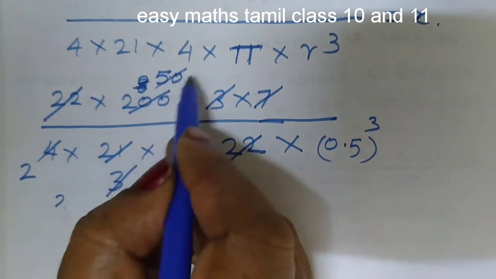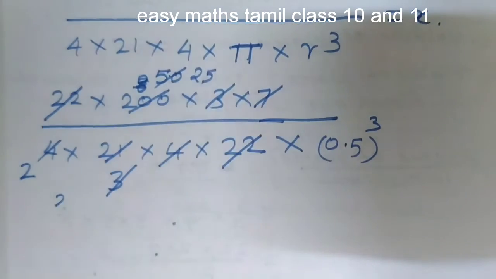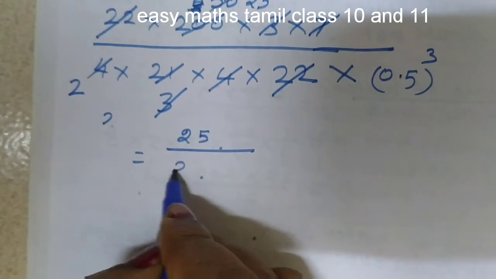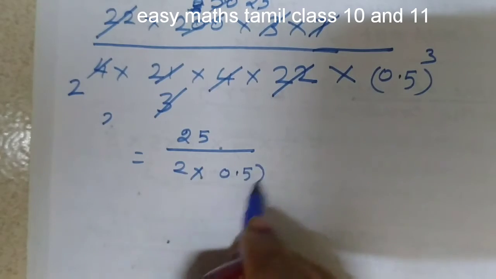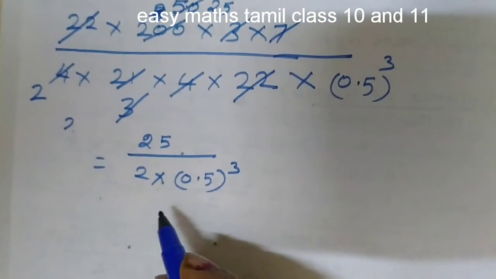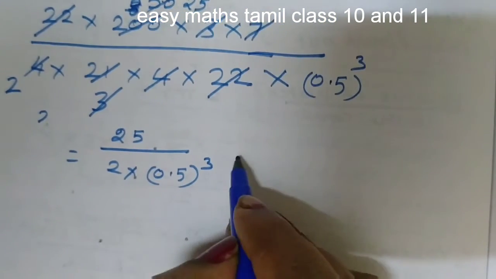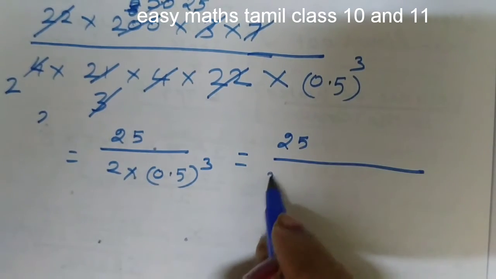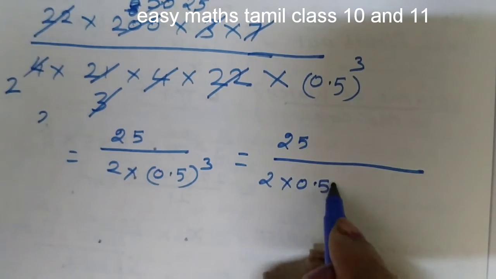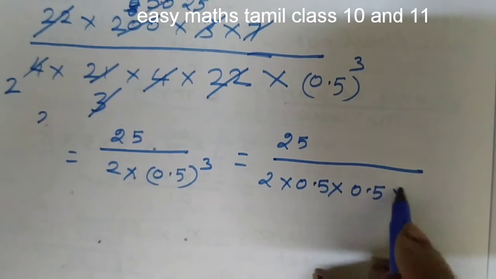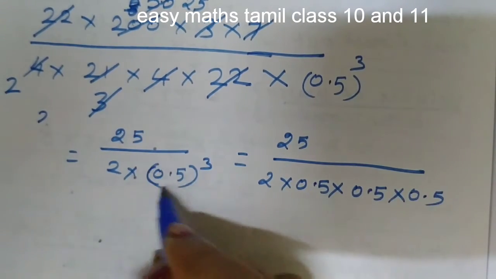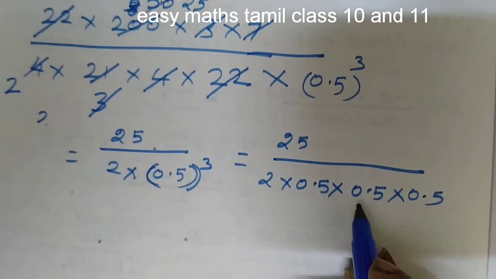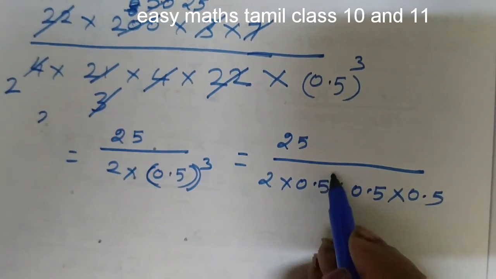So equal to 25 divided by 2 into 0.5 cube, that is, 25 divided by 2 into 0.5 into 0.5 into 0.5. This 0.5 cube can be written as 0.5 into 0.5 into 0.5.